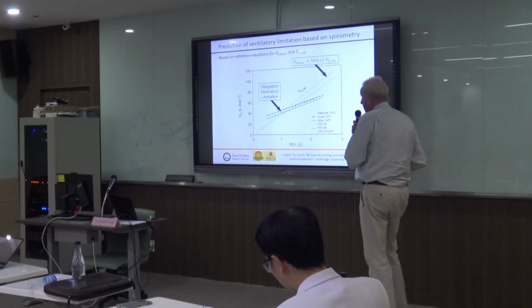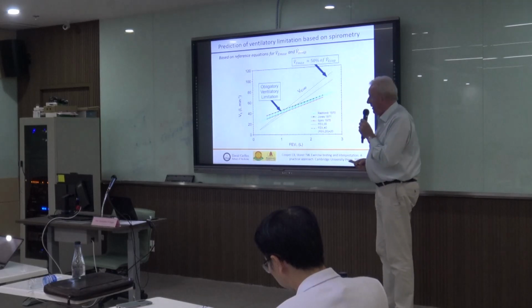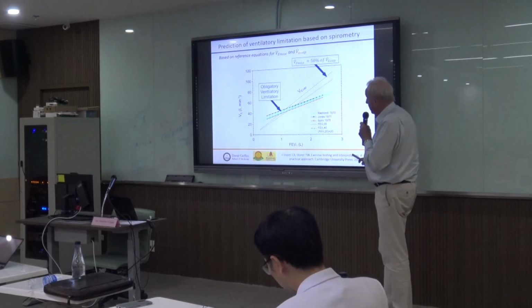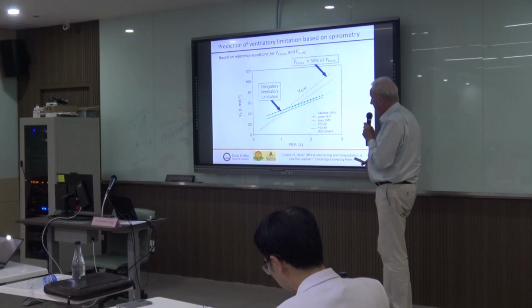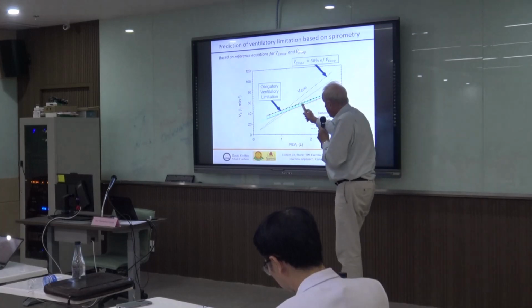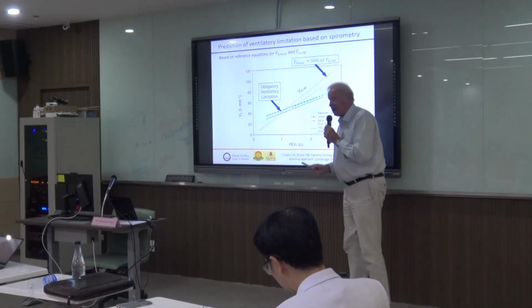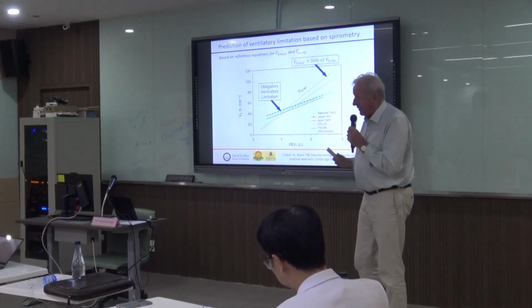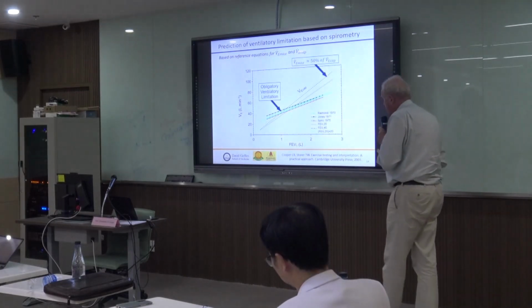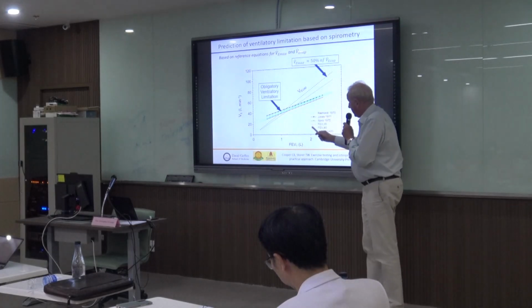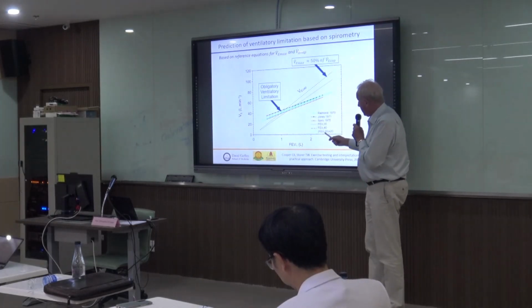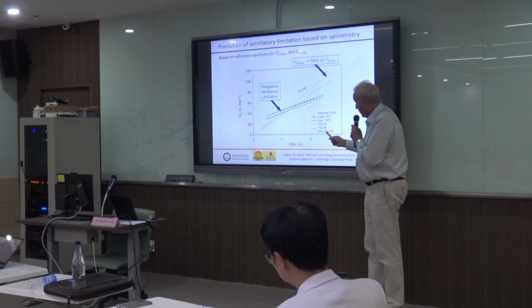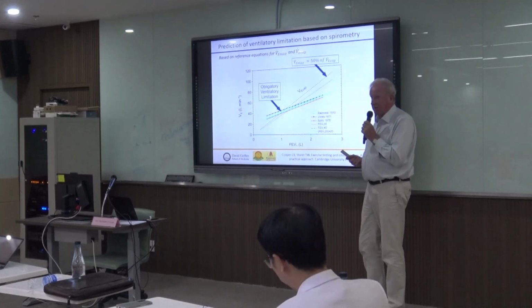But I use this slide to illustrate that you can predict maximum exercise ventilation. These data, that is the ventilation level you measure at the end of the incremental exercise test, can be predicted in 3 different published series by 20 times the FEV1 plus 20.